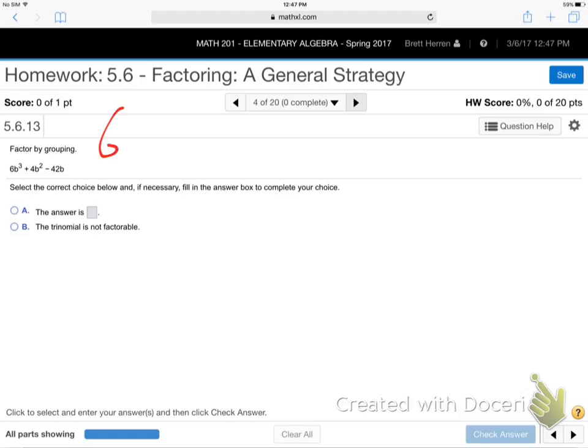All right, so 6b to the third plus 4b squared minus 42b. Try that one.